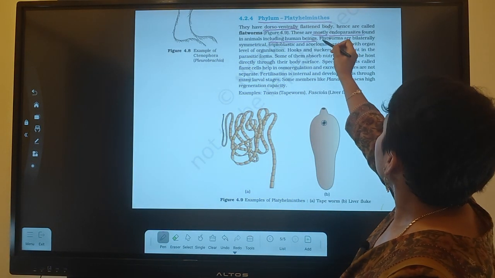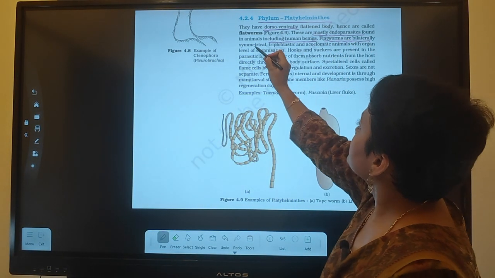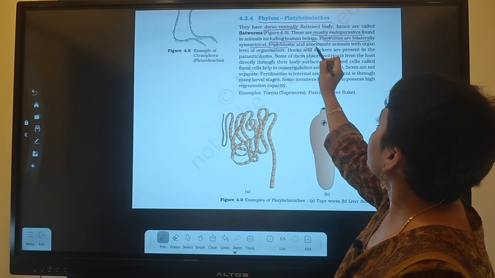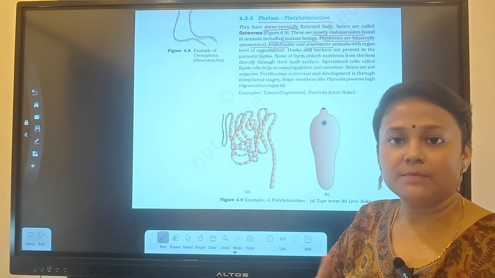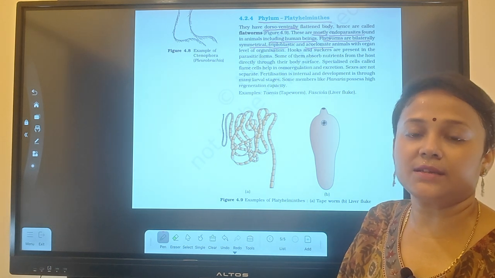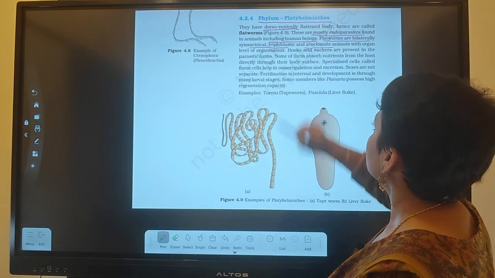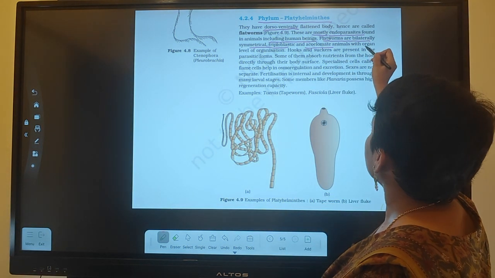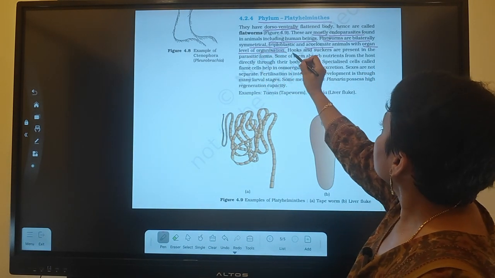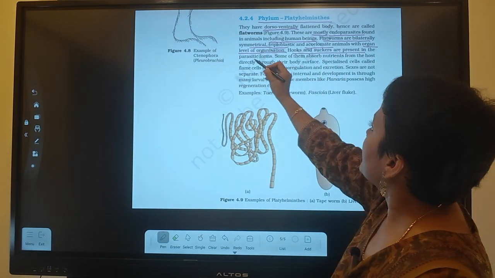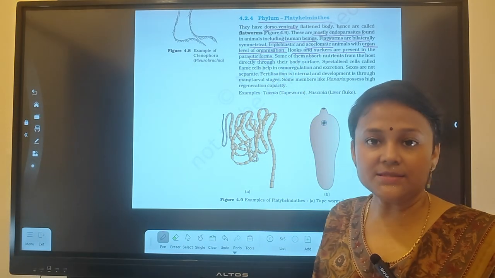Anyway, so flatworms are bilaterally symmetrical and triploblastic, but acoelomate. Remember that. Triploblastic, mesoderm is present, but they don't have a body cavity. That's why they are called acoelomate. And they have organ level of organization. Hooks and suckers are present in the parasitic form because they have to stay.